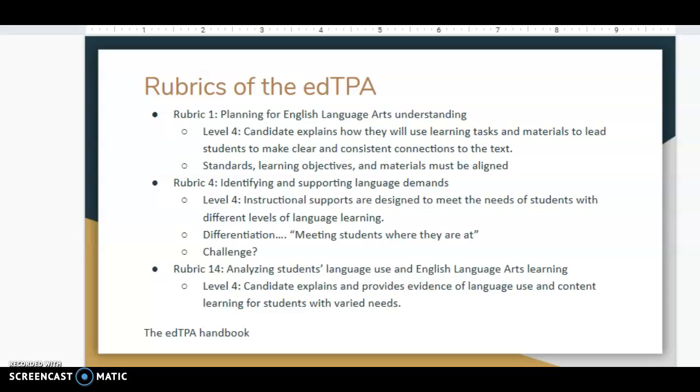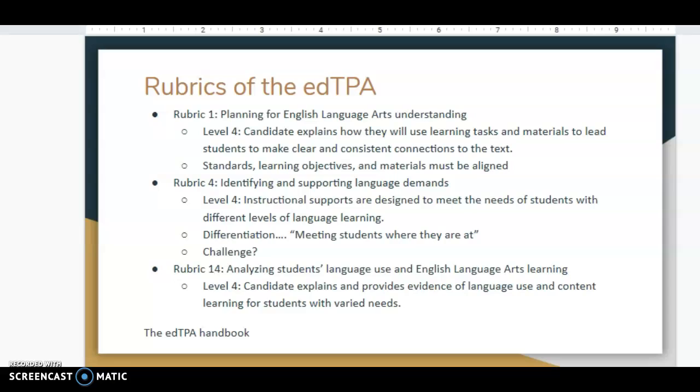And so another thing that kind of goes into this rubric as well is the challenge. You never want to just set the bar so low that your advanced students in your class are bored, they're disengaged, they will goof off in class because they feel like they have nothing else to do. So it's also, how are you challenging those students to go above the language demands?